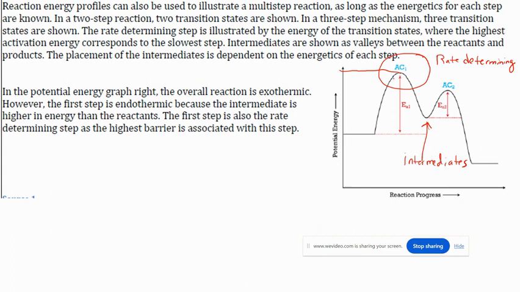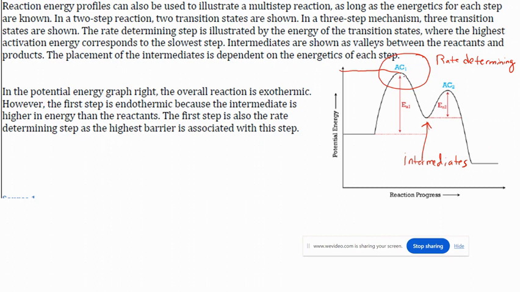All right, the first step though here, see how it ends up higher than this? The first step is actually endothermic. The second step then is exothermic, and the overall reaction is exothermic.